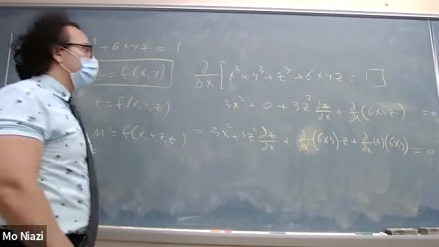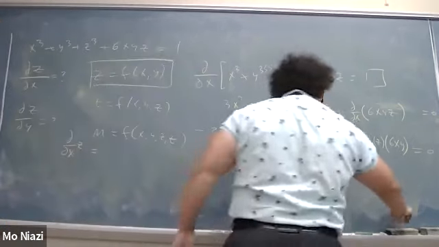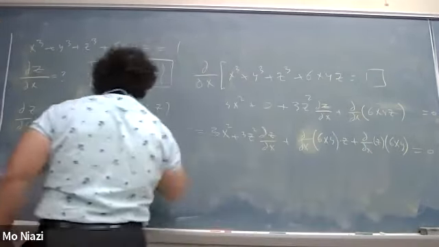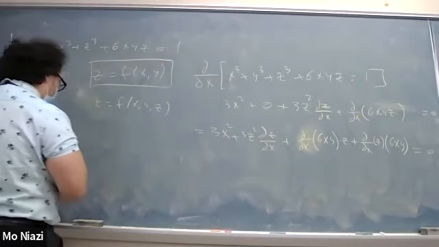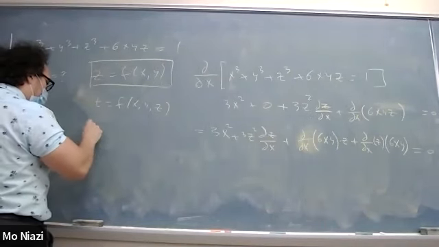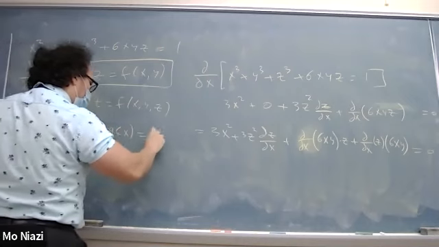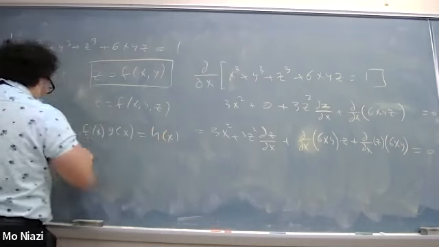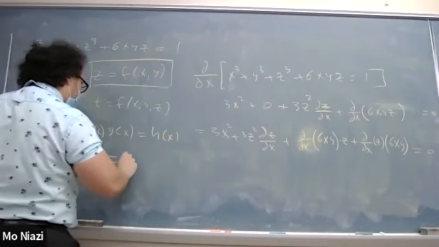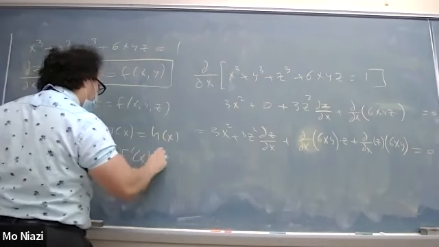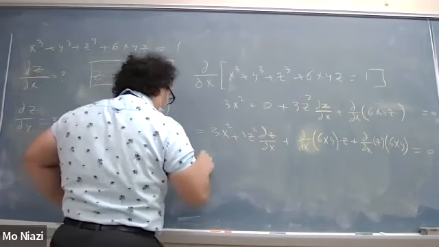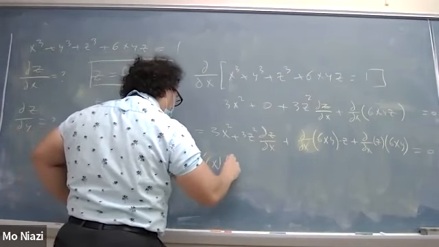It's the product rule. Remember when we did f of x times g of x? This equals our h of x. Then h prime of x was equal to f prime of x times g of x plus g prime of x times f of x.